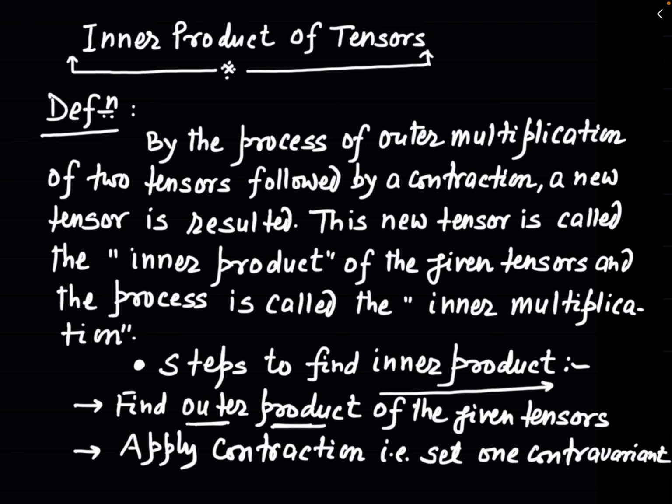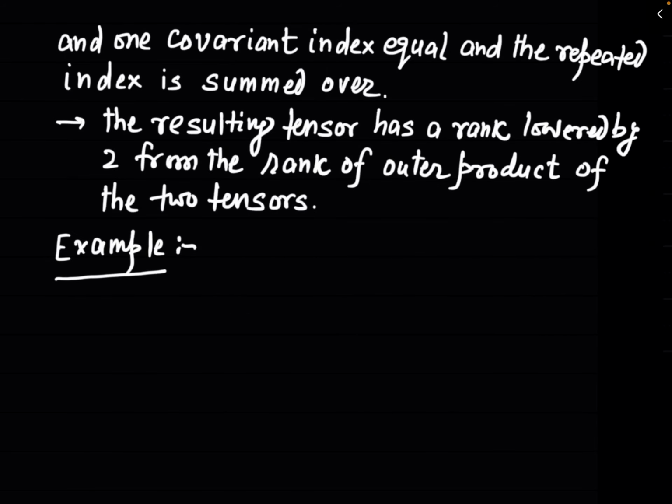In fact, for applying contraction, we simply set one contravariant index and one covariant index equal, and then the repeated index is summed over. And you know, after contraction, the rank of the resulting tensor is lowered by 2.